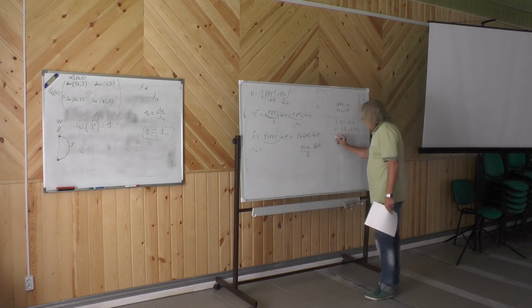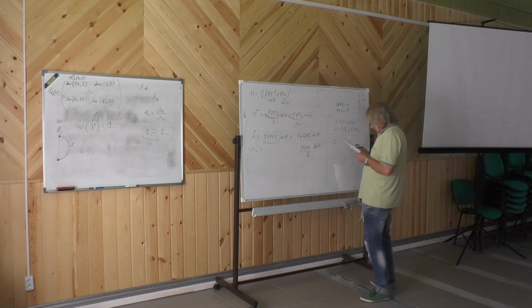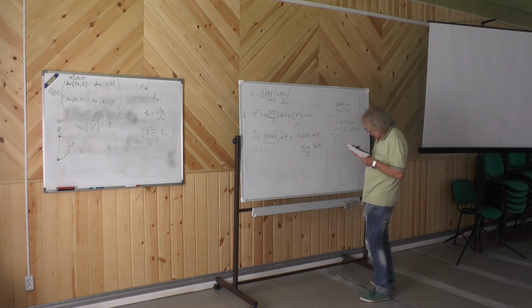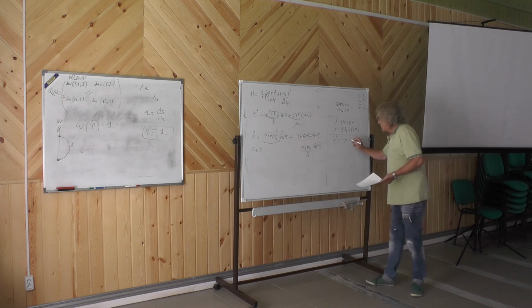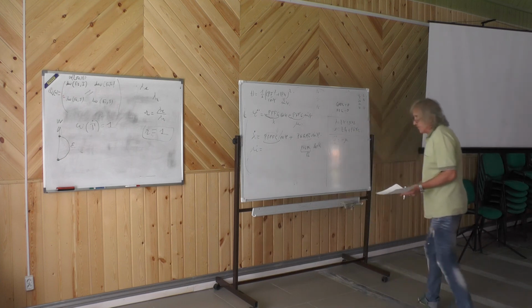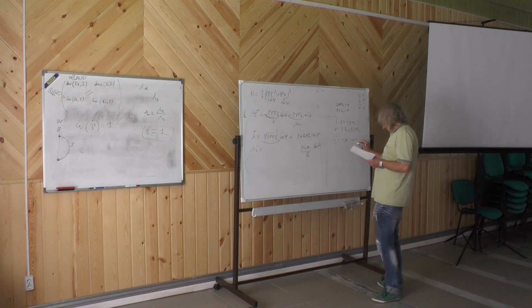What you get at the end, you get phi double dot equals minus mu sine phi, but sine phi is just x dot, maybe x dot or y dot.